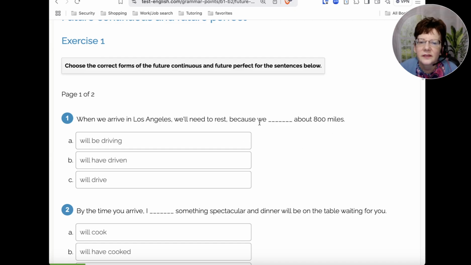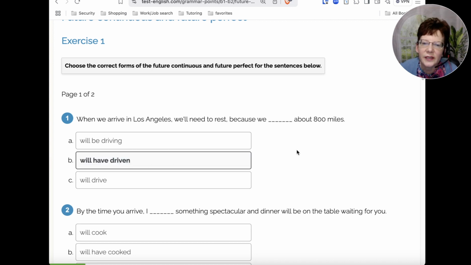Okay, so first thing that happens, so it's going to be the perfect form. So if you chose the second option, will have driven, that would be correct. We'll have driven 800 miles by the time we arrive in Los Angeles.